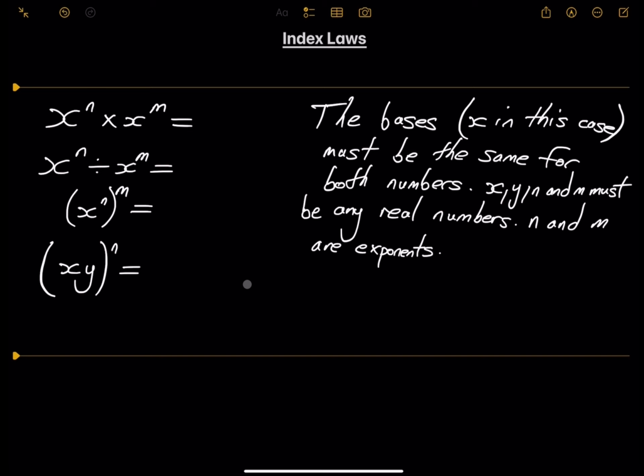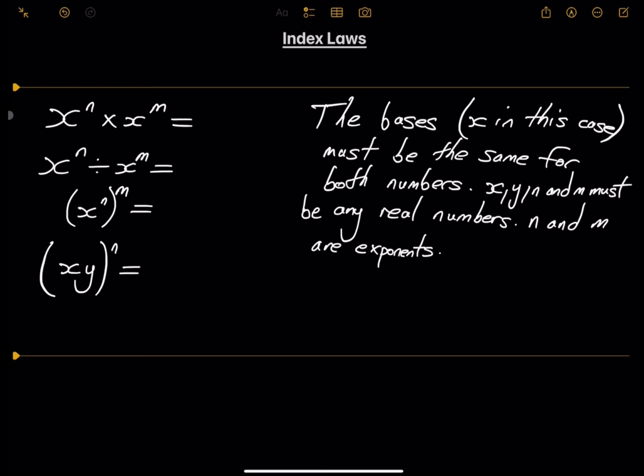The rules we adopt when dealing with different examples determine how we simplify these expressions, and we simplify them by manipulating their exponents.